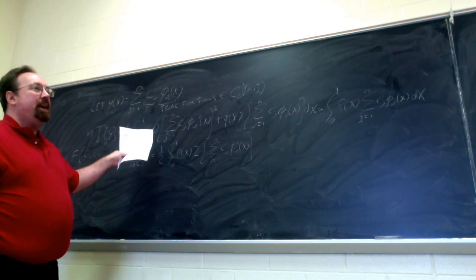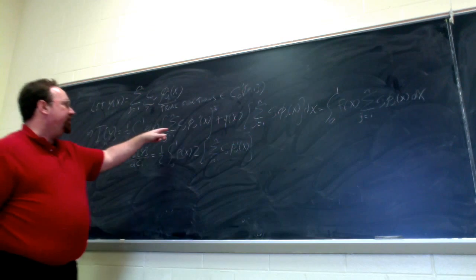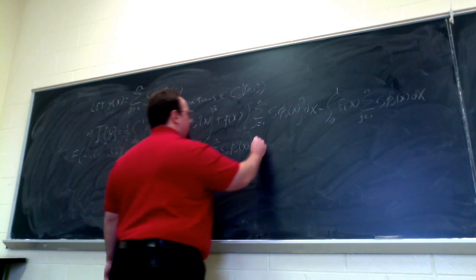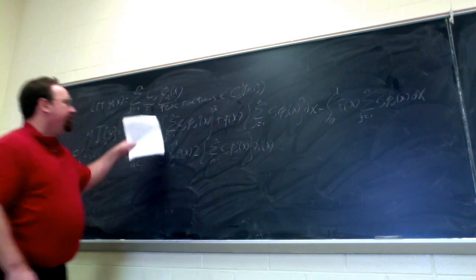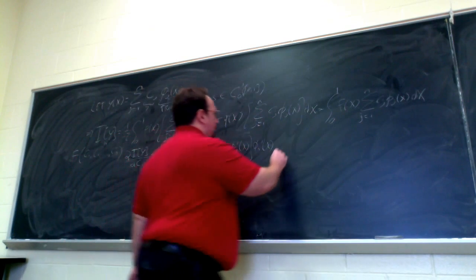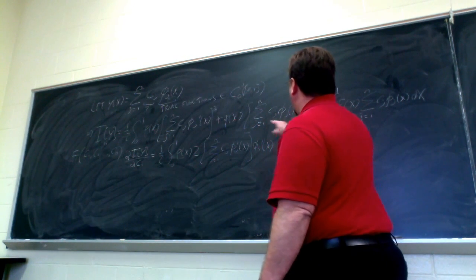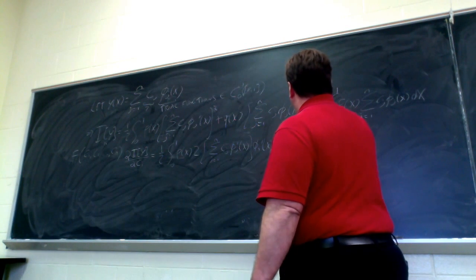Well, the C's are all independent. So most of these will be 0, except for when j equals i, which gives me phi i prime of x by chain rule. And then over here, I have q of x, and then I differentiate this with respect to Ci, which is only going to give me phi i.